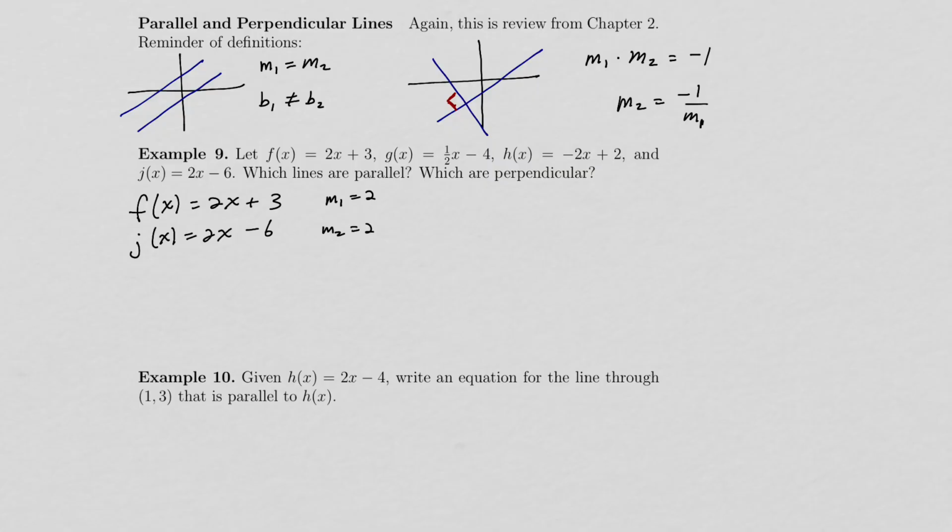So the slopes are the same, right? Same slope. But b1 is 3 and b2 is -6, so different y-intercepts. Therefore, f and j are parallel.